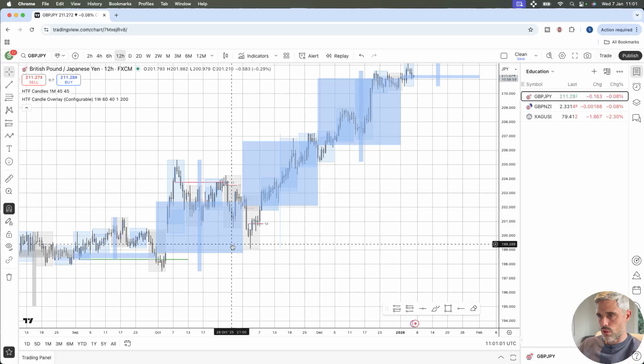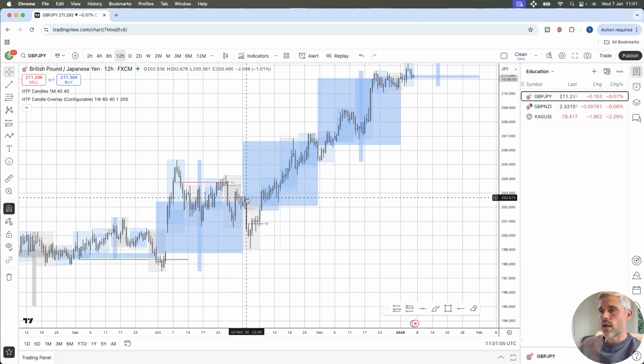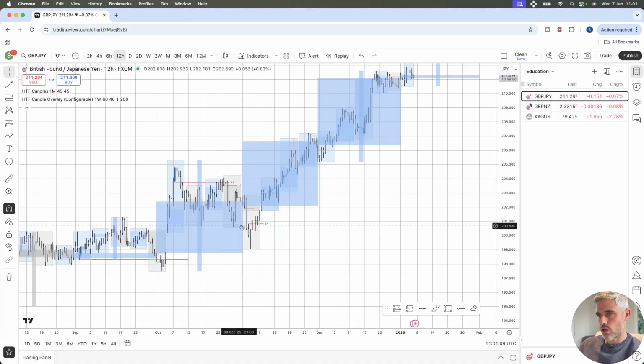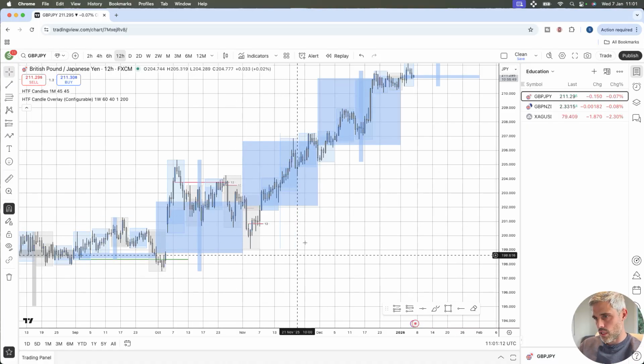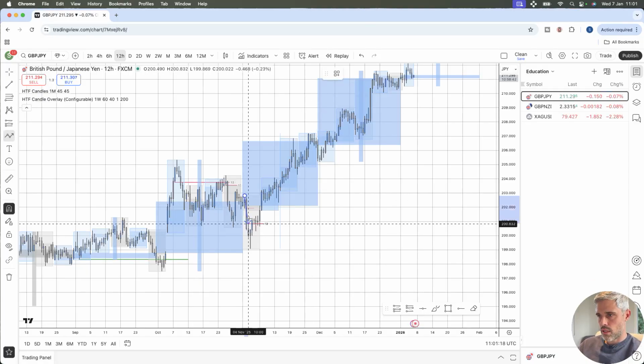So monthly candle closes. At this point, this monthly candle is closed. We then get a very bearish candle, which looks like a structural shift for us to continue lower potentially. However, what we get instead is a true market structure shift with a fair value gap in that price leg.